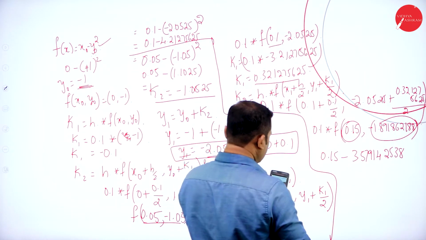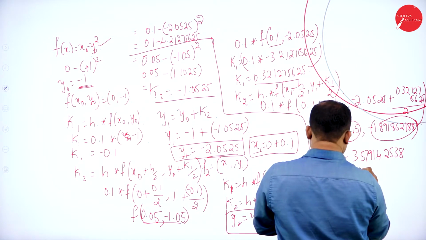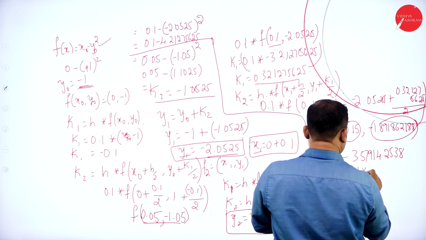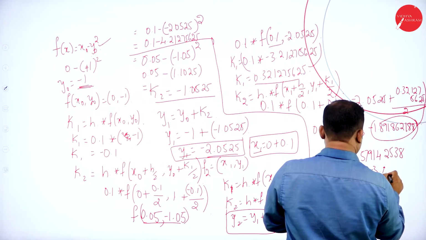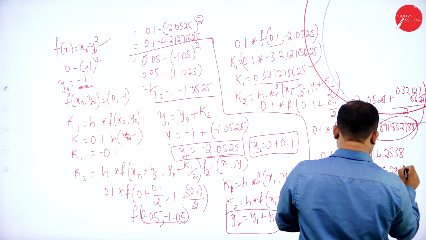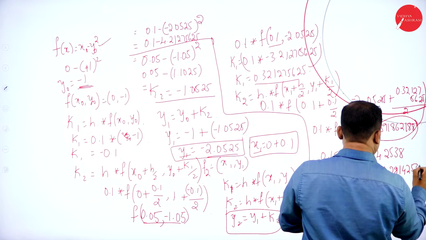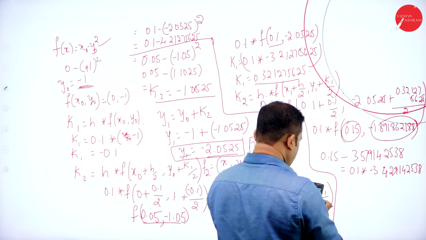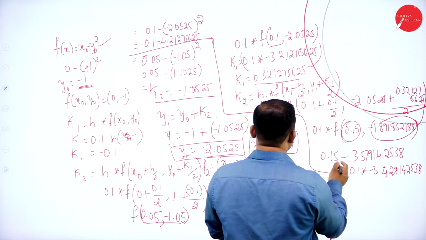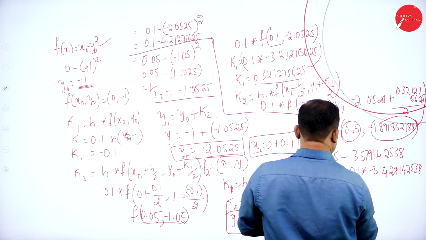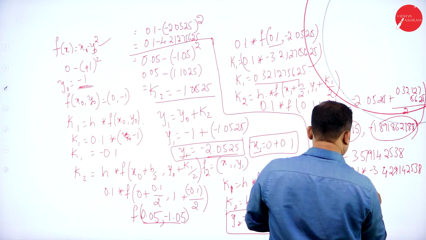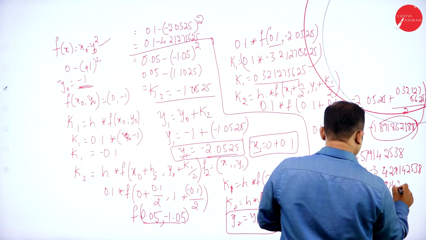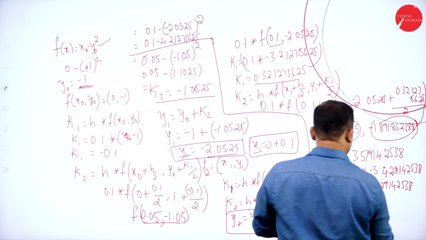What is the value I am getting? That is equal to minus 0.1 into minus 3.429142538. If I further simplify this, what is that value? 0.1, that is equal to minus 0.34. K2 is equal to minus 0.3429142538. That is the value of K2.